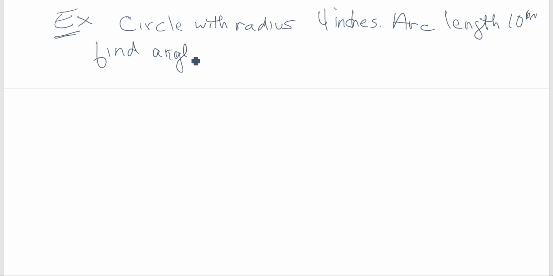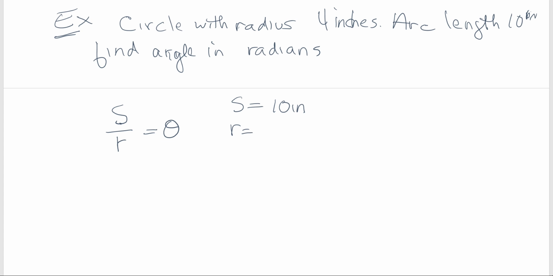We want to find the angle in radians. Well, with a question like this, we're going to use that S over R is equal to theta. S is the arc, so that would be 10 inches. R is the radius, so that would be 4 inches. And we get theta is 10 over 4, which would give me 2.5 radians.